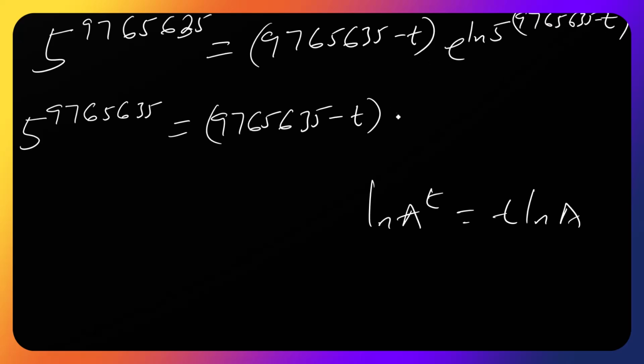So the side comes behind, that will be 9765635 minus t times ln of 5.